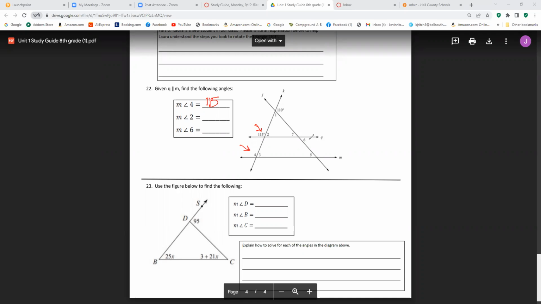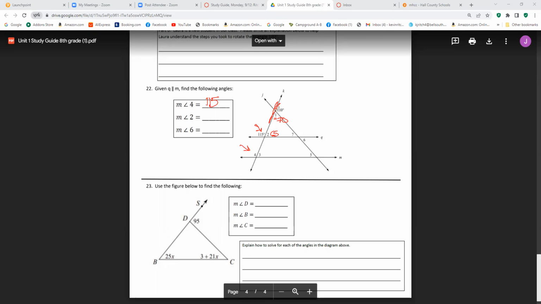Angle 1 and the 110 angle are supplemental because they make a straight line, so the measure of angle 1 is 70. I know that 70 plus 110 is 180. Angle 115 and angle 2 are supplementary. So if I subtract 180 minus 115, I know that the measure of angle 2 is 65.